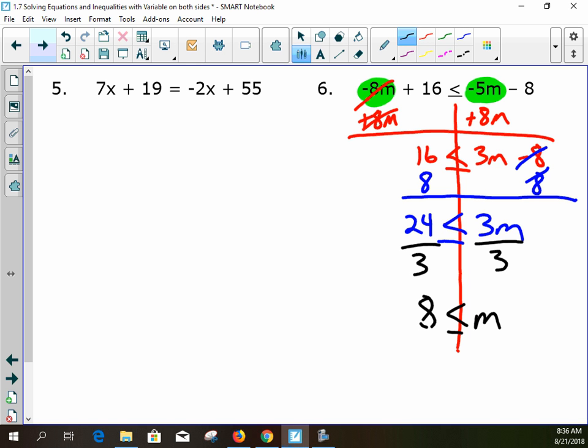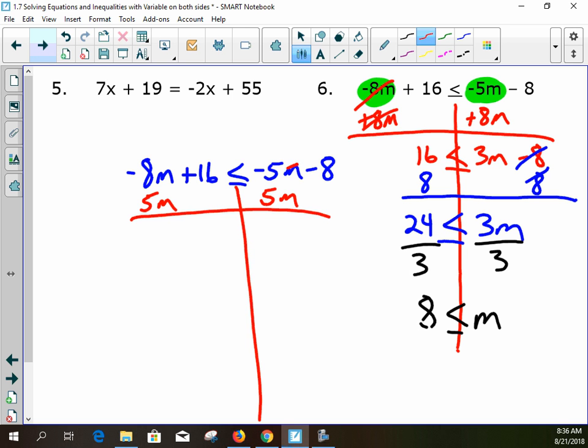Now, I went through that kind of fast, but it's the same thing we've been doing. Now, let me show you something. You don't have to move the smallest number with a letter. What if I moved the 5m first? So I add 5m to both sides.